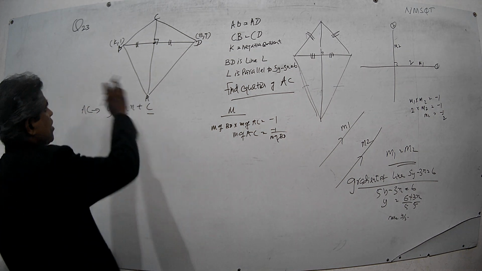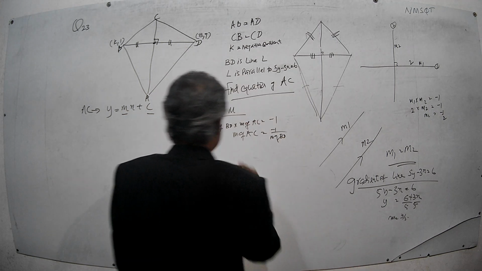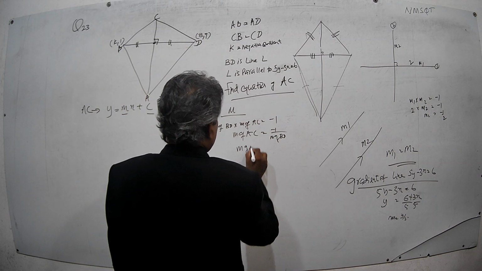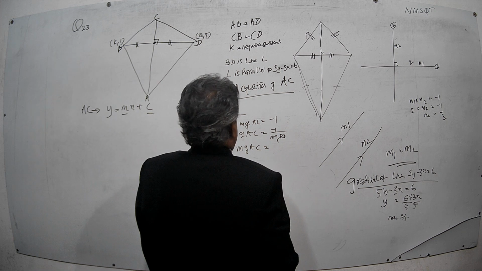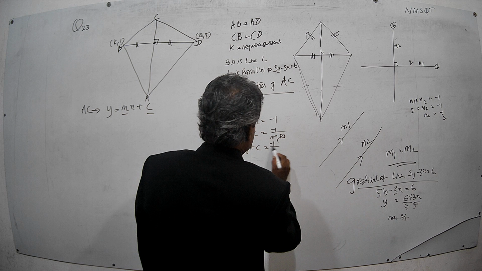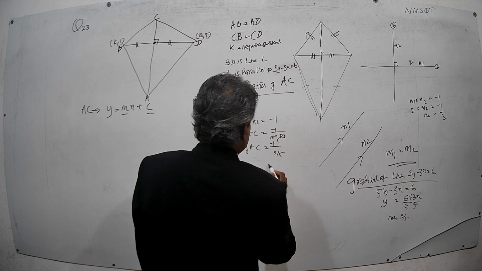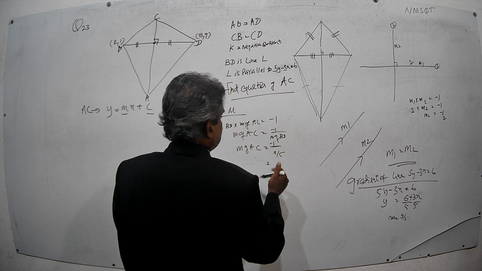Therefore, the gradient of line BD is how much? Nothing but 3 over 5. Therefore, we write here the gradient of AC equals minus 1 over 3 over 5. Then this can be written by turning this upside down.